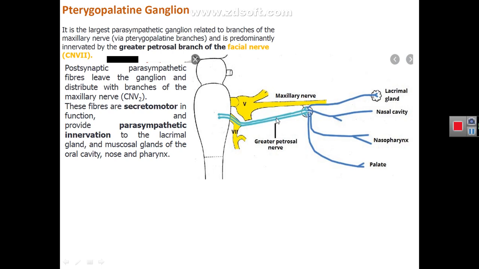This greater petrosal nerve carries axons of the salivatory nucleus of the medulla, which are parasympathetic axons, connected with the neurons in the ganglia. And axons of neurons of the ganglia supply the lacrimal gland, the nasal cavity, glands in the nasopharynx and palate via the branches of the maxillary nerve.